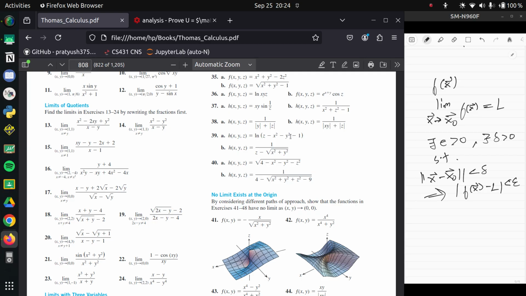Anyway, find the limit by rewriting the fractions first. So xy tends to 1, 1, x square minus 2xy plus y square just becomes x minus y squared, so just x minus y. So for x not equal to y, this would just become x minus y. Its domain is where x is not equal to y, so it has to be like that.